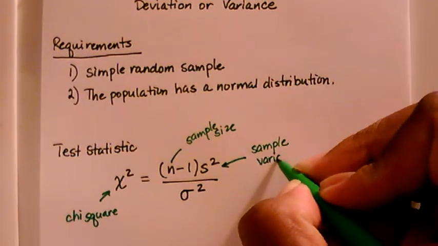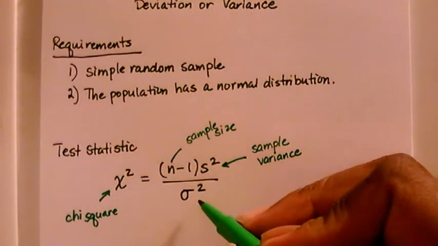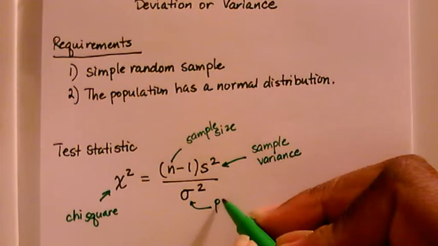In some of these examples that we do, you'll be given the sample standard deviation. If that's the case, you'll take that sample standard deviation and square it, because the sample variance is nothing but the square of the standard deviation. And sigma squared, that's going to be the population variance.